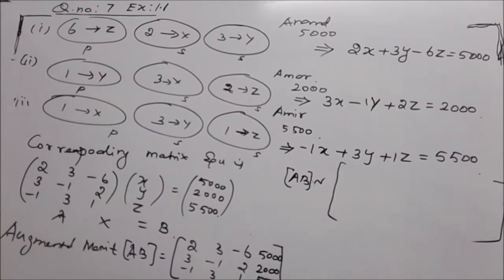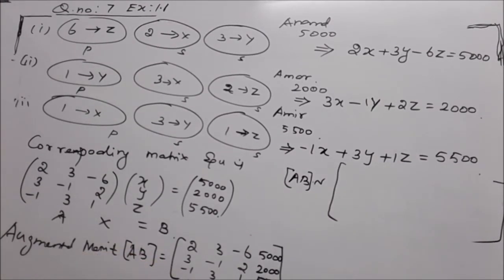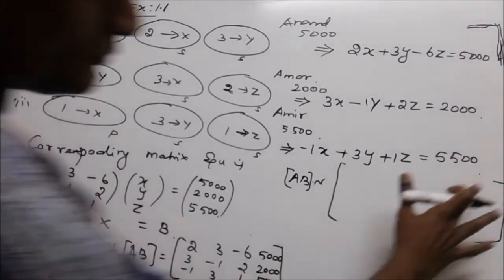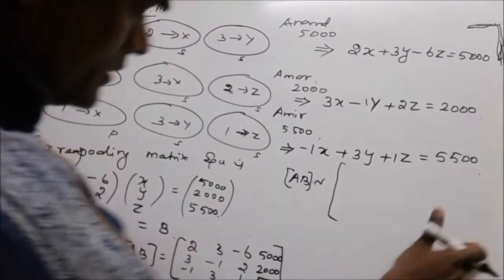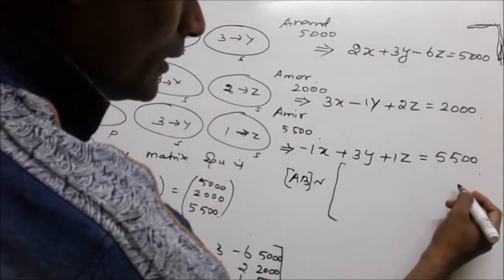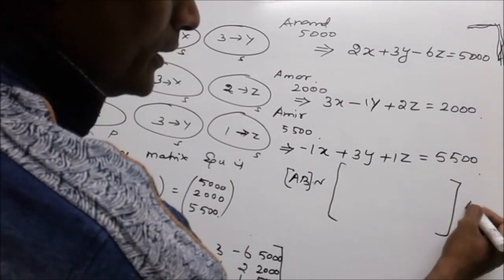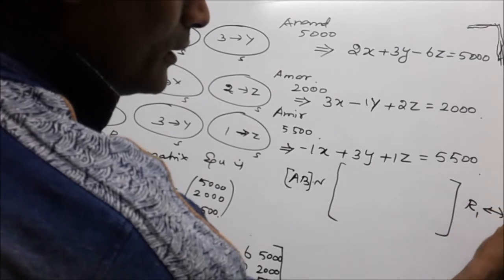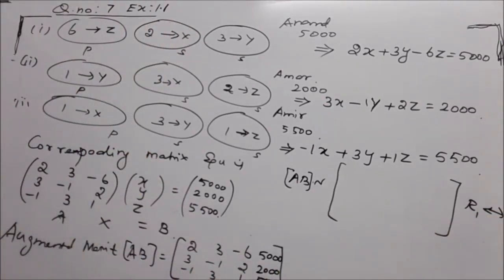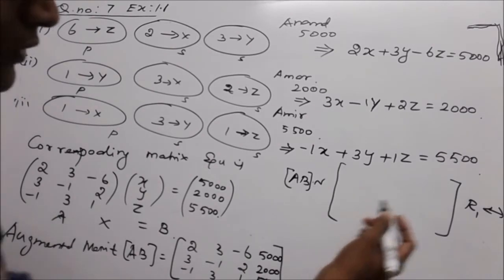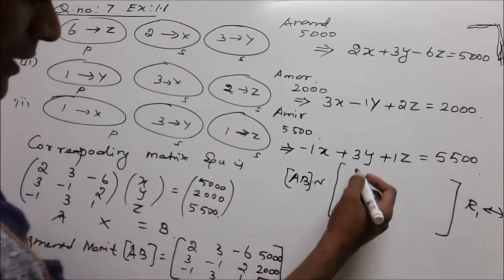To make this last entry as 0, you can just interchange R1 and R3 now. Interchange R1 and R3, because if we keep 1 as the first entry, it is easy to solve the problem. So the interchange of R1 and R3 happened here.